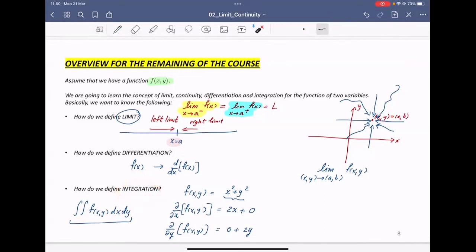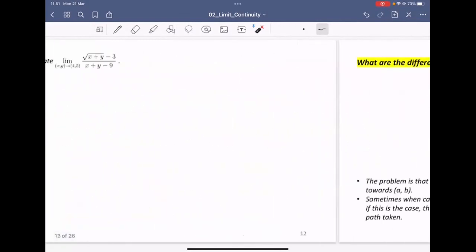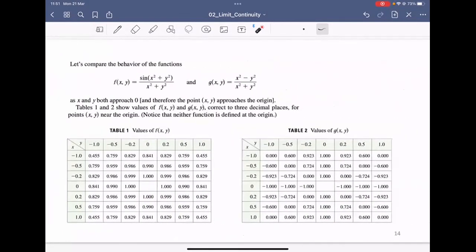Okay. So on Wednesday, we're going to come back to look at limit first. As I told you, the thing that is interesting for limit is that now you can approach the point from any line. How would you do it? Well, let's take a sneak peek at what we're going to learn next class. For example, you have this function, let's say f(x, y). Let's suppose that you want to find the limit of this function near the point (0, 0).